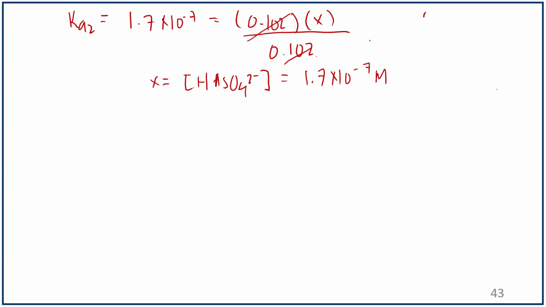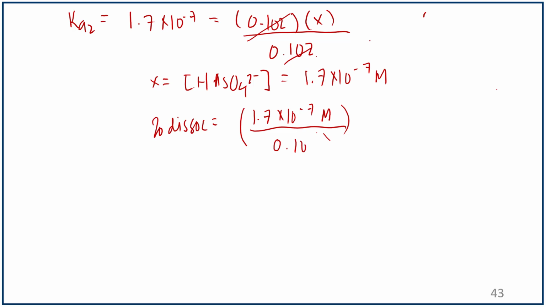If we again do the percent dissociation to check if our assumption is good, the percent dissociation is equal to 1.7 times 10 to the negative 7 molar, divided by the initial concentration 0.102, times 100%.